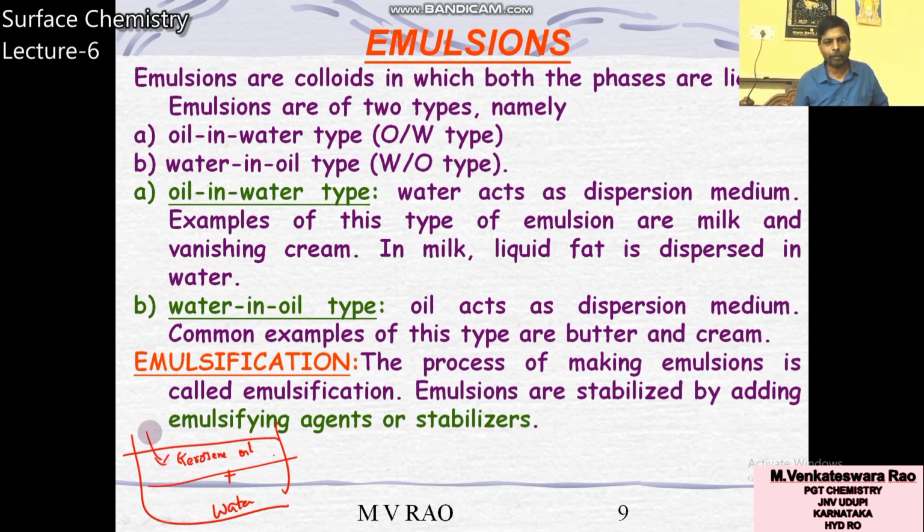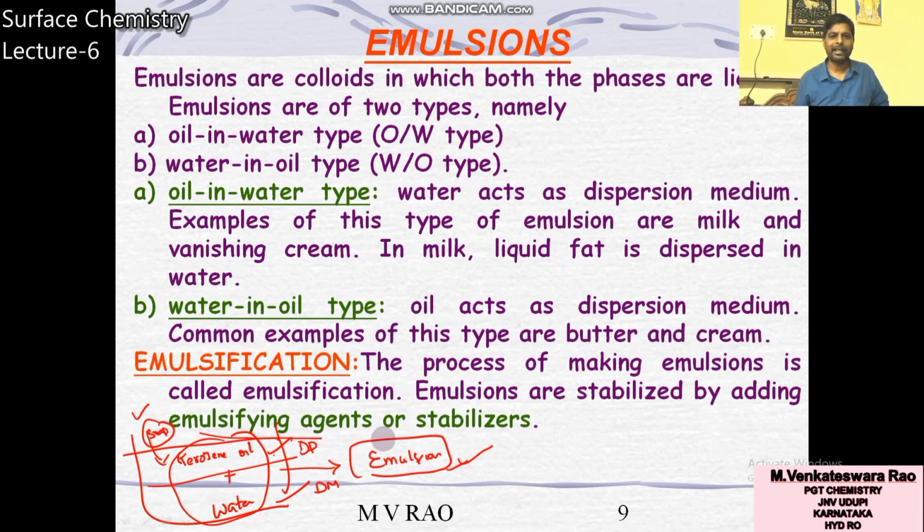In the presence of soap, both will mix together and form an emulsion, because both the dispersed phase and the dispersion medium are liquids. Only in the presence of soap will this emulsion form, so soap is called an emulsifying agent or stabilizer.